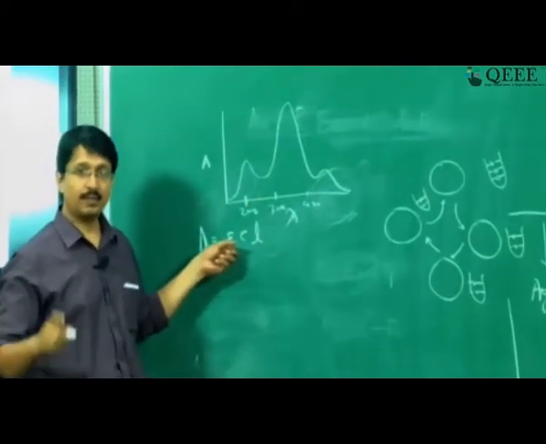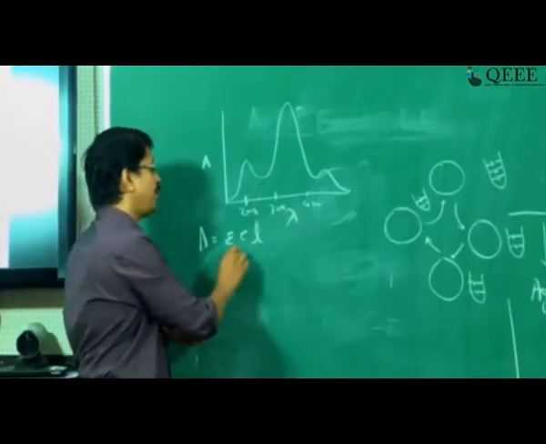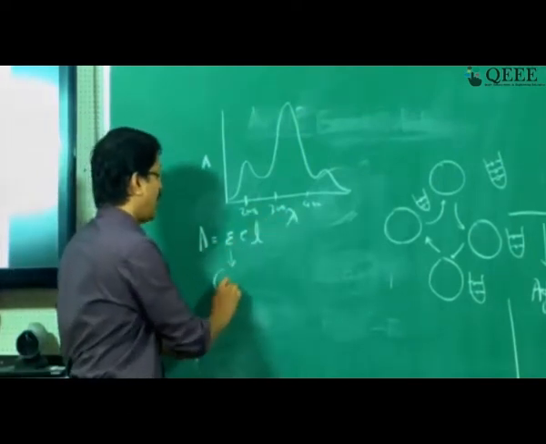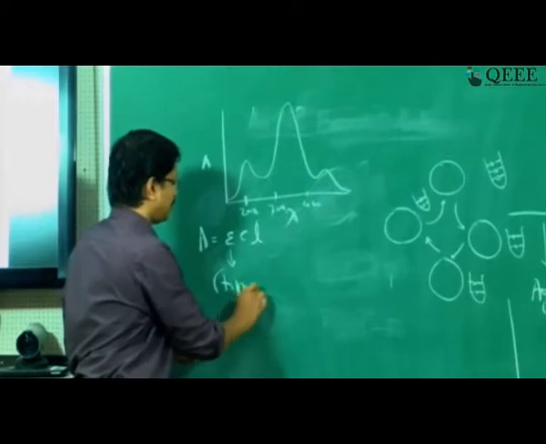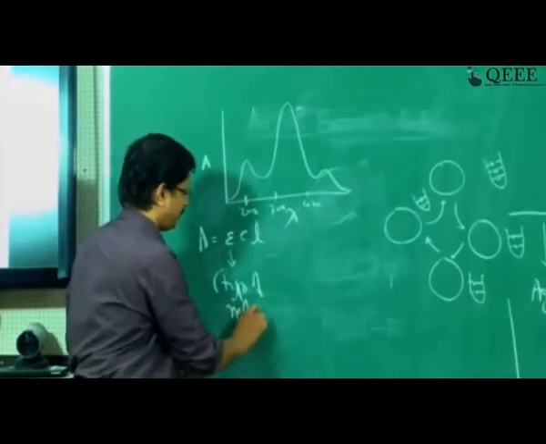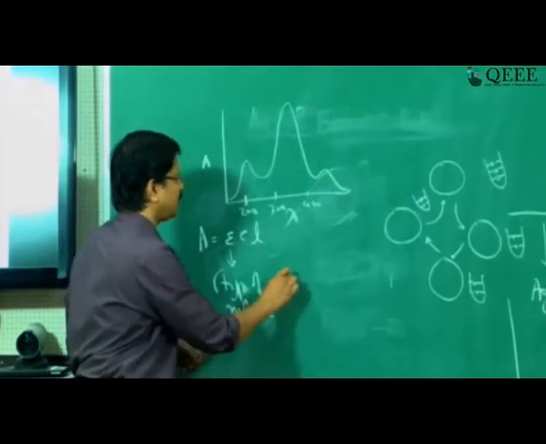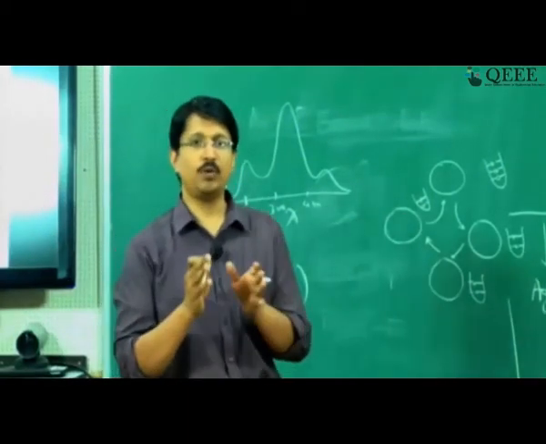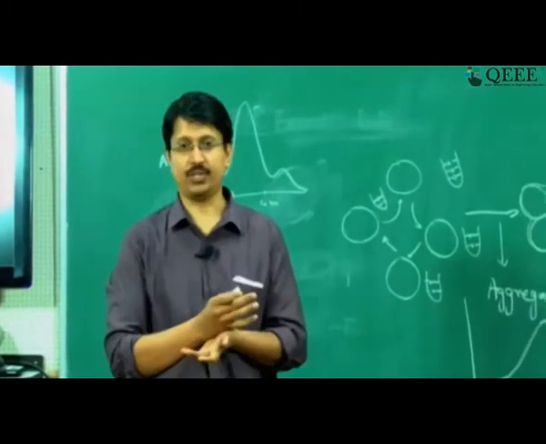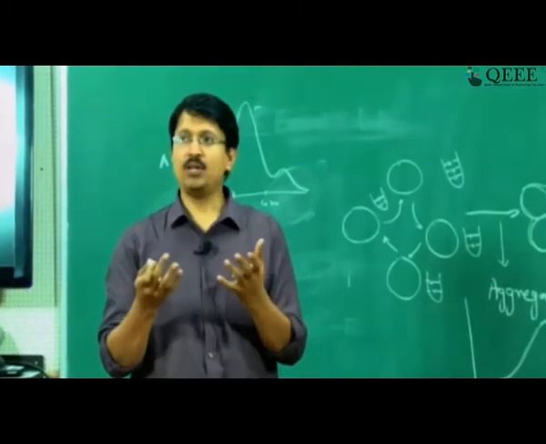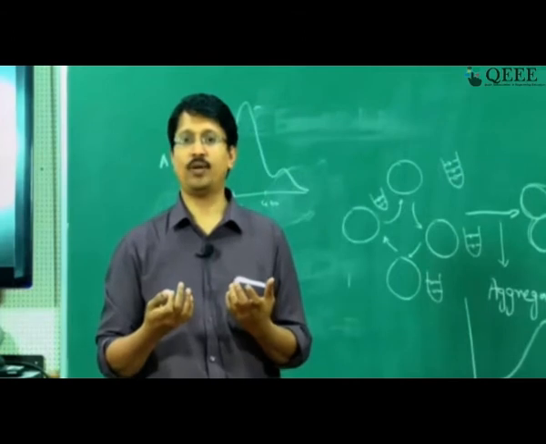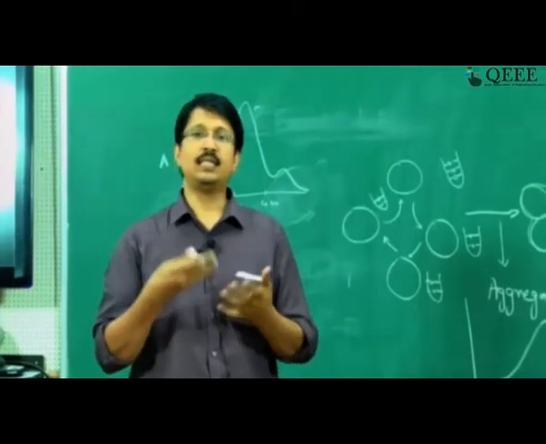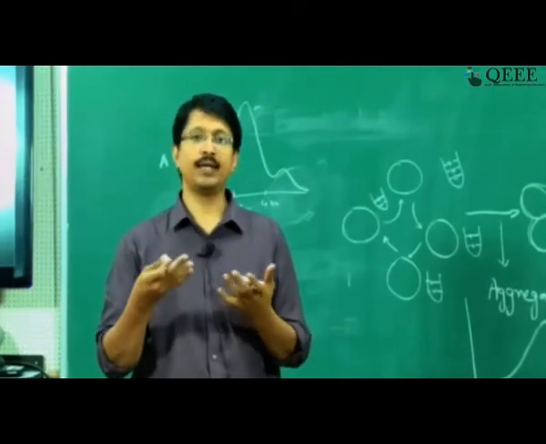So epsilon depends upon the type of molecule and also on the lambda. What kind of molecule you are using and what wavelength you are dealing with, these two parameters matter. Epsilon can change. In other words, epsilon is a measure of to what extent the electronic absorption takes place.